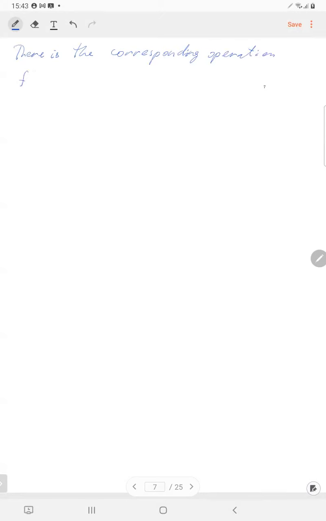That is also denoted F upper star on the sheaves of OY modules. Namely, it will go from, say, quasi-coherent sheaves of Y modules to the quasi-coherent sheaves of X modules.